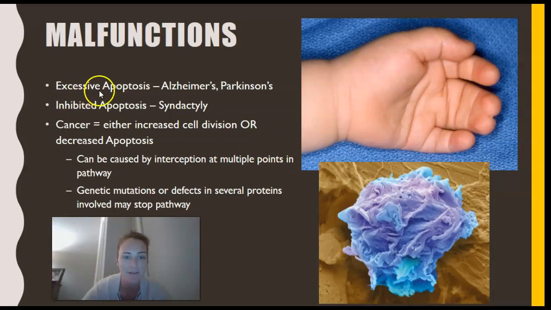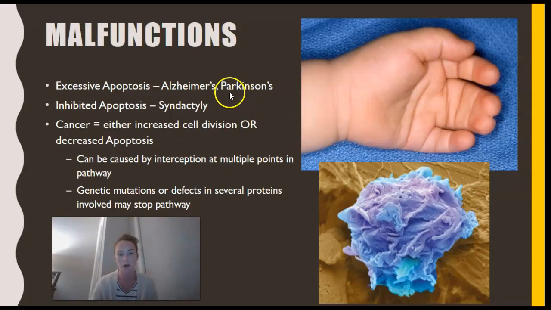So excessive apoptosis, as the name kind of suggests, is where we've got over pre-programmed kill, where apoptosis is happening too much. And a really good example is Alzheimer's disease.